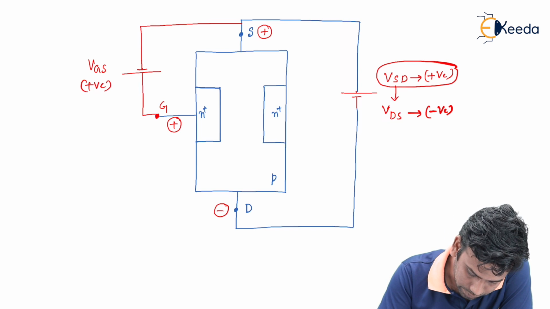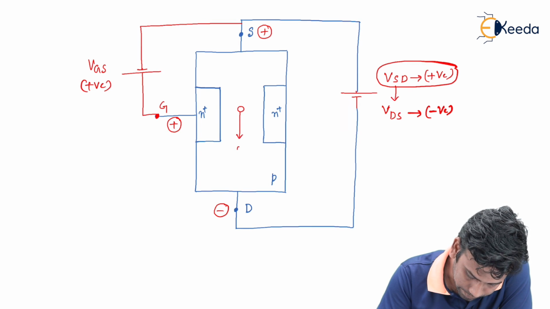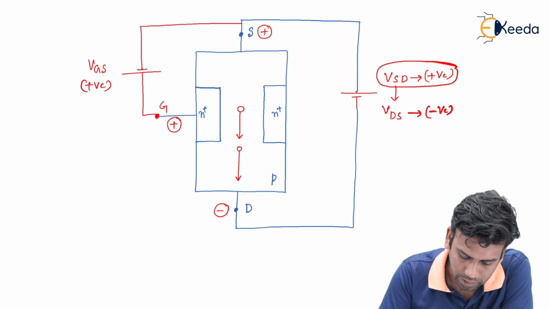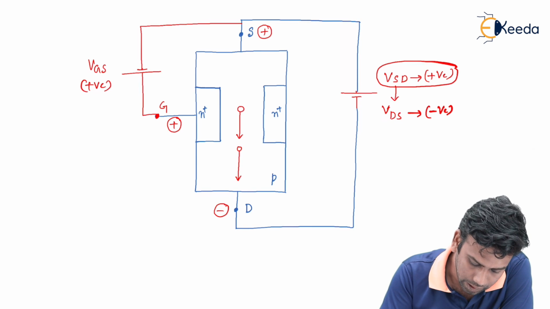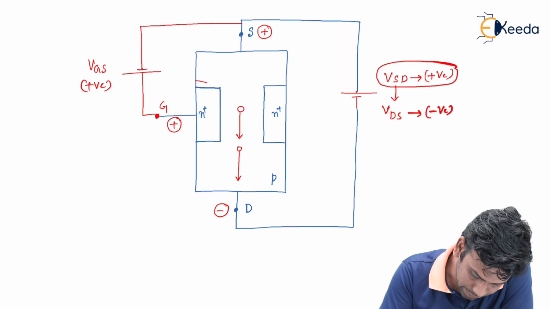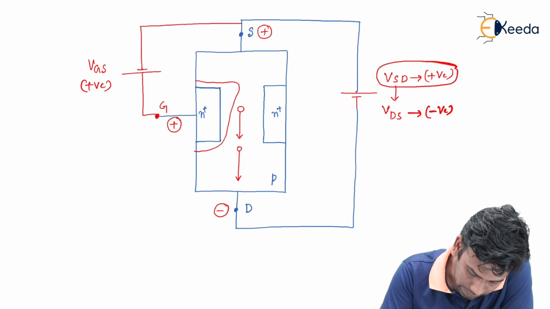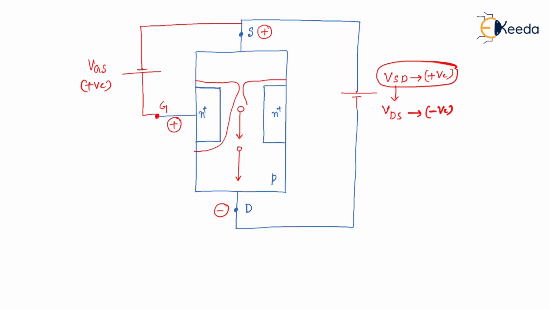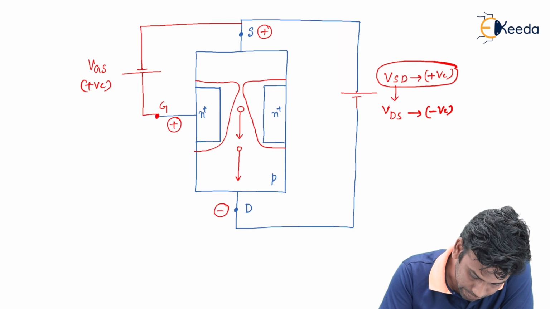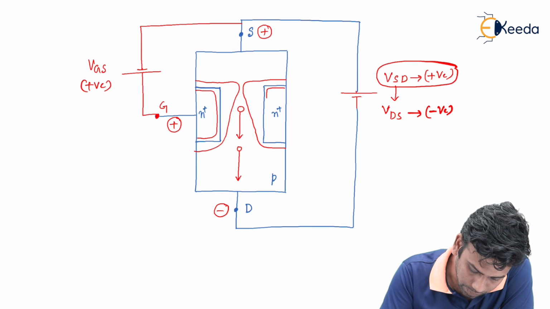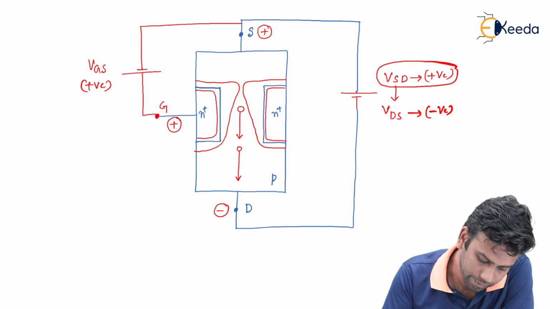Suppose these are the holes, and these holes will move towards the drain in this fashion, and due to the applied VSD we will get a depletion layer wider near the source terminal and thinner near the drain terminal. So this is the depletion region that has been created due to the reverse bias of the PN plus junction.